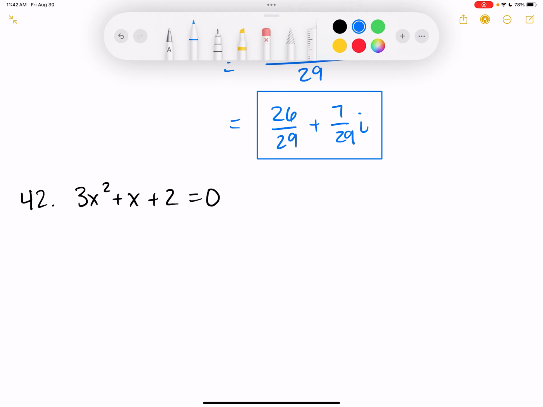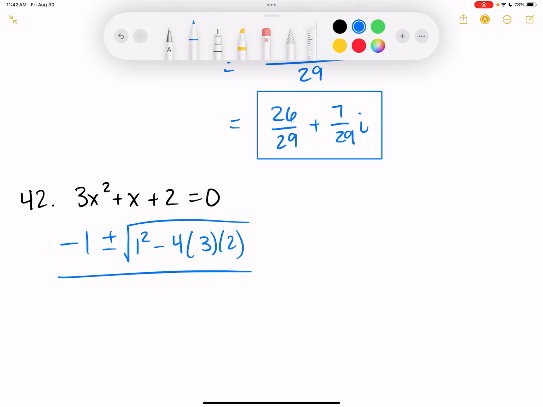All right, so negative b, so negative 1 plus or minus the square root of 1 squared minus 4 times 3 times 2, all over 2 times 3. So I've got negative 1 plus or minus, what's inside that radical?